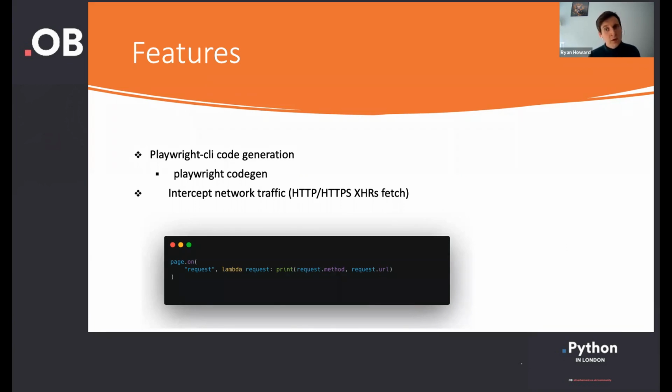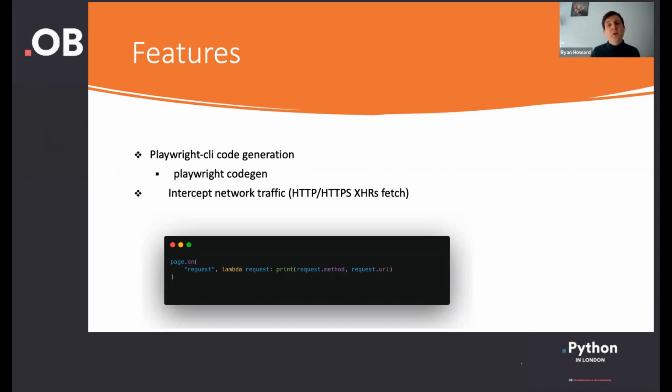So that might be fetching images, that might be calling APIs, that sort of thing. So we can monitor all that traffic and we can log, in this instance here, this page.on method is basically going to, for a particular page, log and print any network traffic that's happening.